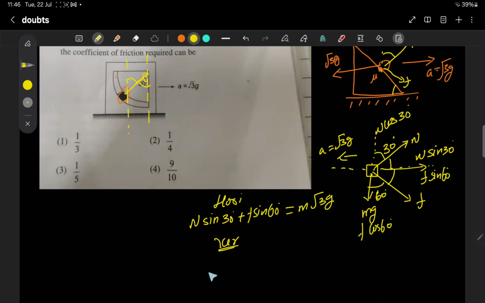Here your N cos 30 degree should be equal to mg plus f cos 60 degree. This is the equation.